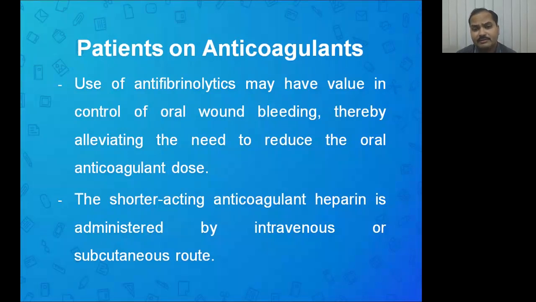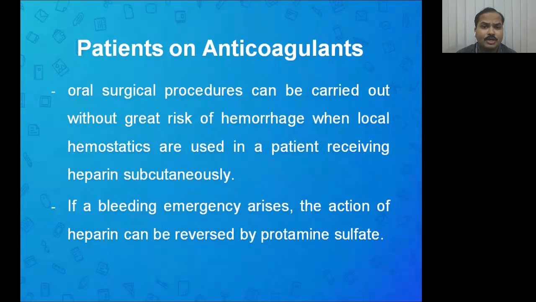Then there is the shorter-acting anticoagulant heparin, which is utilized in some cases and administered by the intravenous or subcutaneous route. Oral surgical procedures can be carried out without great risk of hemorrhage when local hemostatics are used in patients receiving heparin subcutaneously. But if a bleeding emergency arises, the action of heparin can be reversed by giving protamine sulfate, which is an antagonist of heparin.